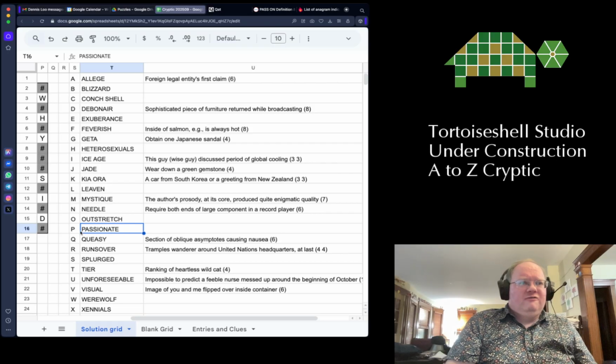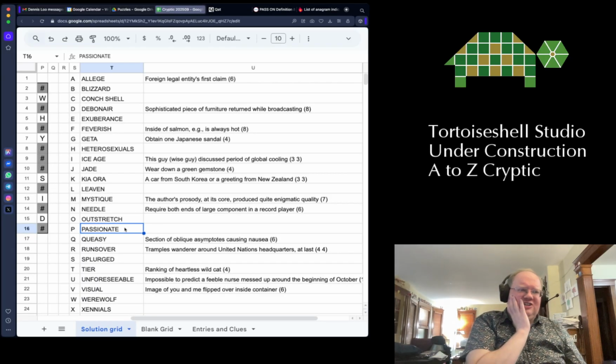Although, in order for a good surface, you need something that will, like passionate is obviously an adjective, so it feels like you need a noun to go with it somewhere.